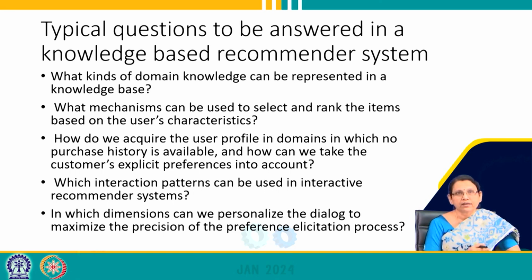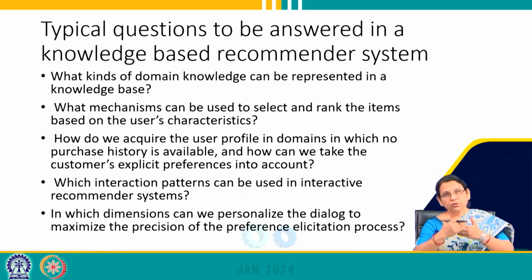How do we acquire the user profile in domains in which no purchase history is available, and how can we take the customer's explicit preference into account? So, some good interaction strategy has to be adopted. Now, which interaction pattern can be used in interactive recommender systems? So, these are kind of interactive recommender systems.